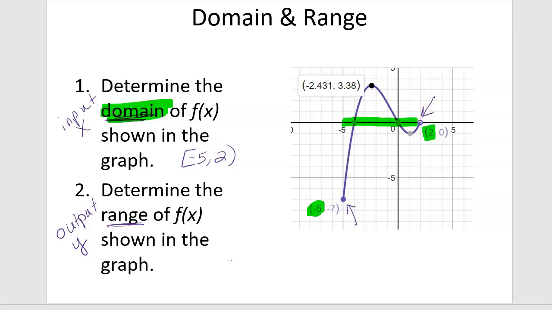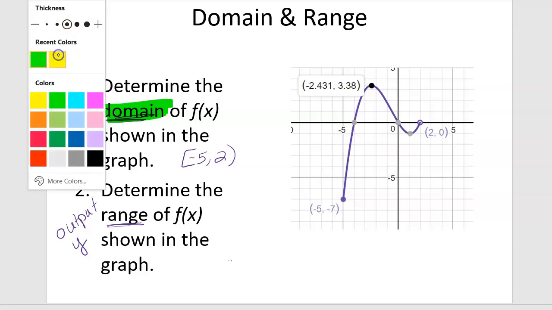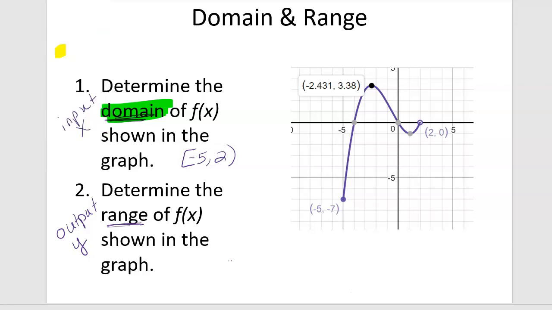All right, so let's switch to the range, and I'm going to erase these marks just so we can work with a cleaner surface here. And let's change to yellow. Okay, so range is your y values, obviously. So I have a y value of -7, and I have a y value of 3.38.